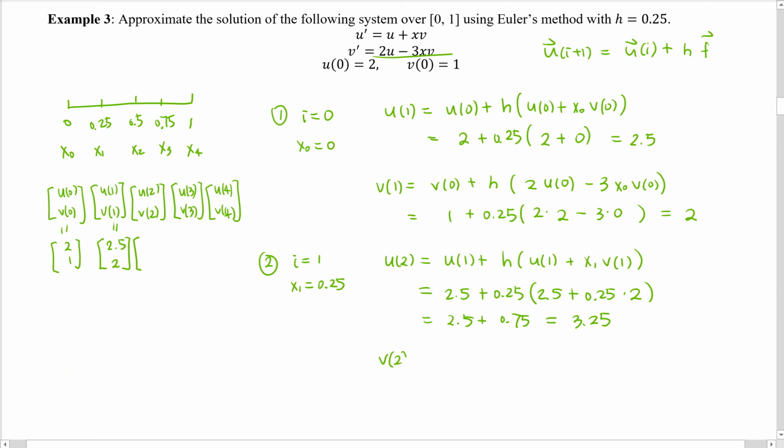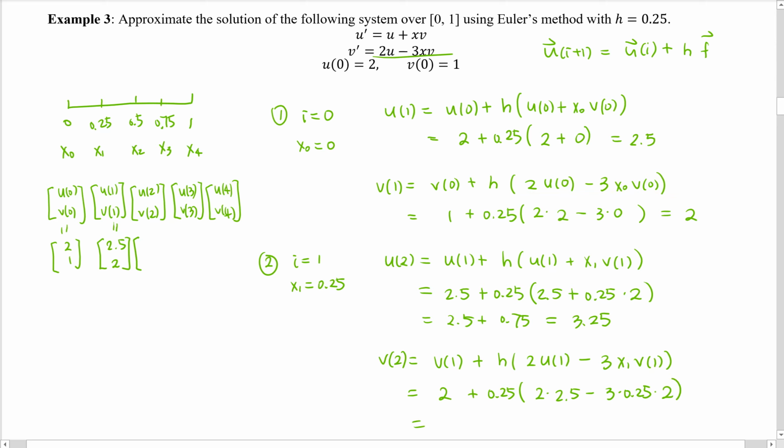So v2 is, increase the index, u of 1, x1, v of 1. See? It's the same thing, we just increase the index. Now v1 is 2, h is 0.25, u1 is 2.5, x1 is 0.75, v1 is 2.